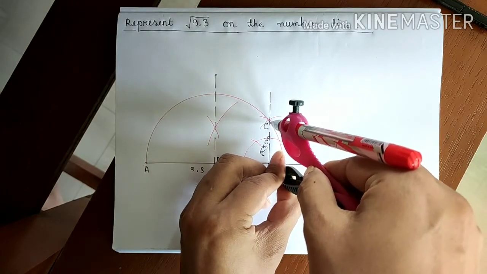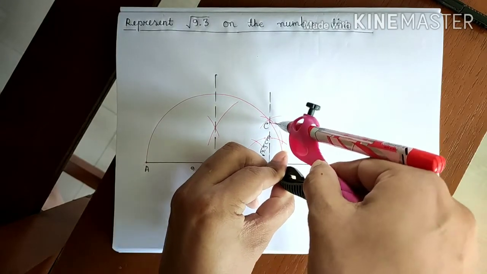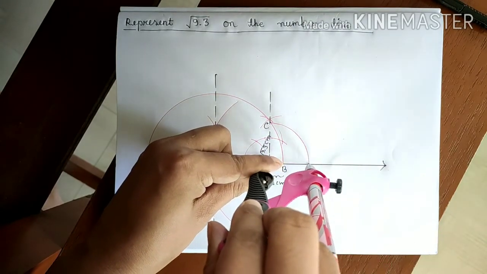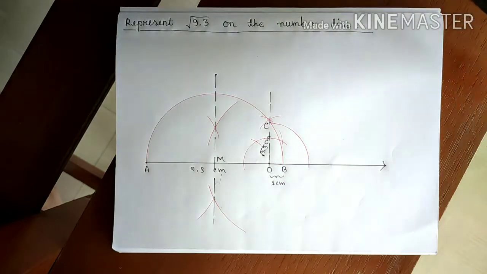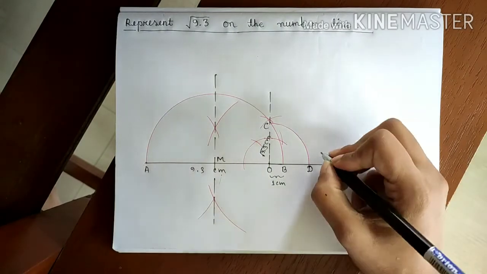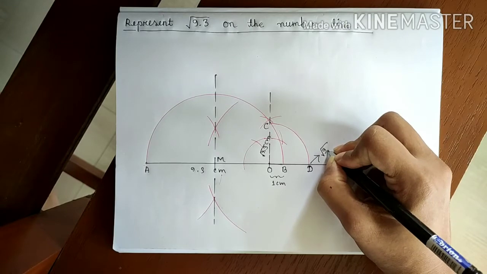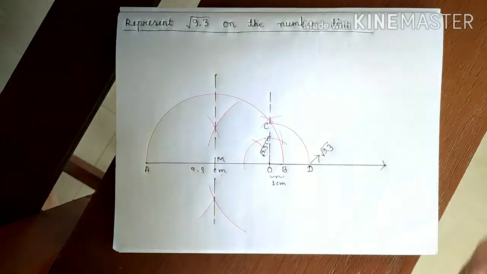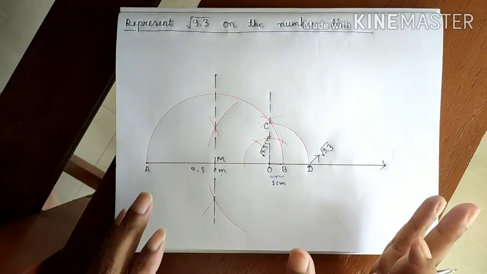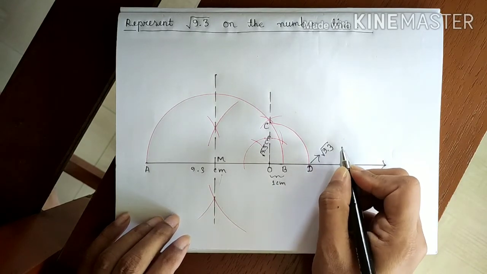After that, draw an arc so that this new arc intersects the extended ray at point D. Now this point D will be the required square root 9.3. Students, hope you have understood. So this D is the required square root 9.3.